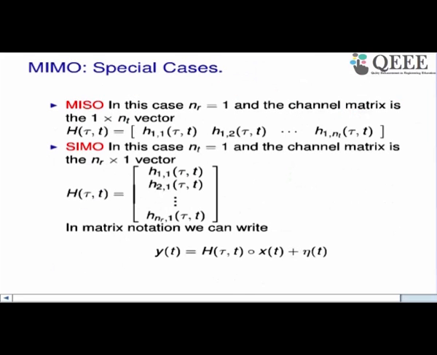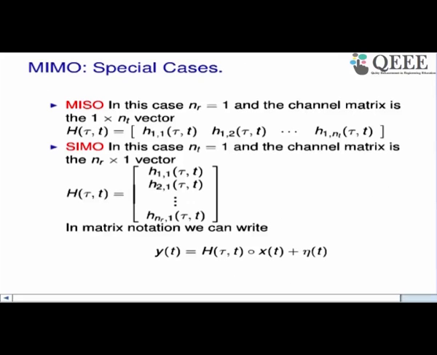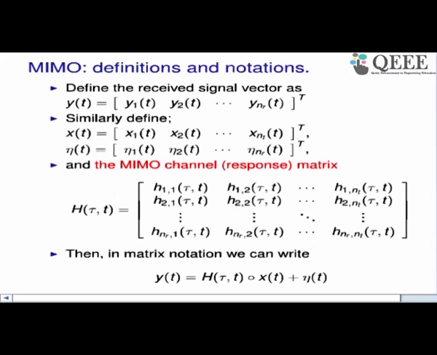Now, there is one important assumption that has been made to simplify the channel. You see here the generalized MIMO channel model that we developed is a convolution of NT times NR channel coefficients with the NT transmitted signals.